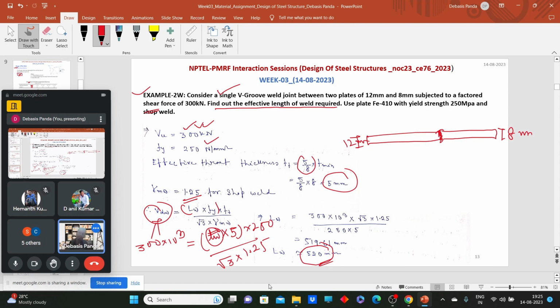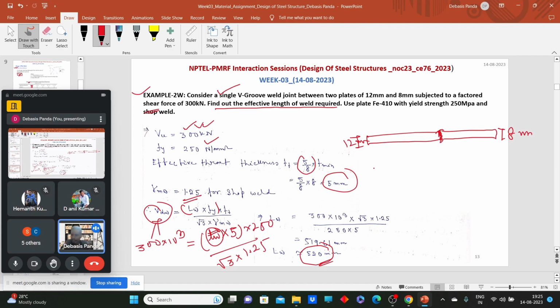Now, in the previous question, if someone asks you to design that joint to transfer 300 kilonewton of load, you just need to calculate how much effective length is required. Then find out whether we can provide this length in that joint. If yes, go for this joint. If no, come back and start the design using a double V groove weld.